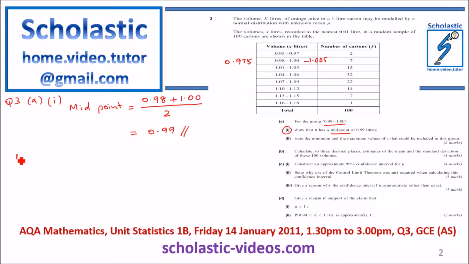Therefore you might also use midpoint equal to 0.975 plus 1.005, divided by 2, which is equal to 0.99. Same answer there. That is the other way of calculating the midpoint. Okay, that's the answer to part 1.